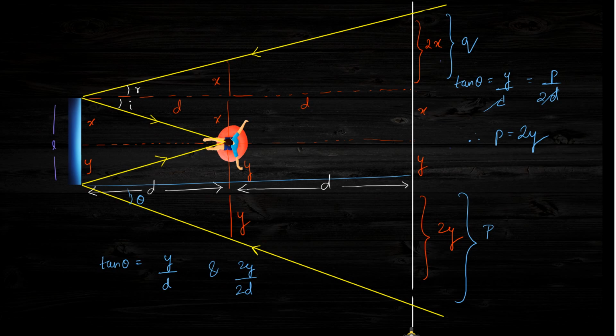So this total length is going to be 3x plus 3y. That means if the length of the mirror is L, then this total length is going to be 3L, simply speaking.